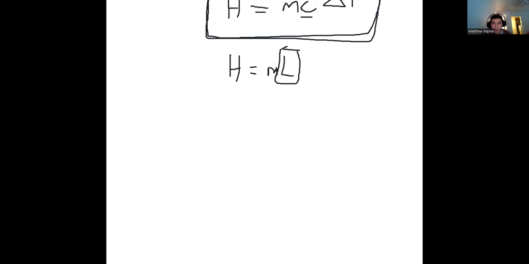So something we didn't really talk about, but is important in calorimetry and thermodynamics, is melting points and boiling points and things like that, right? And freezing points.